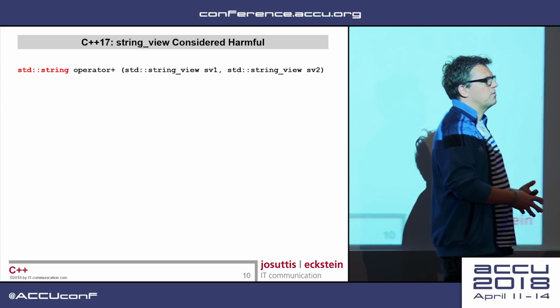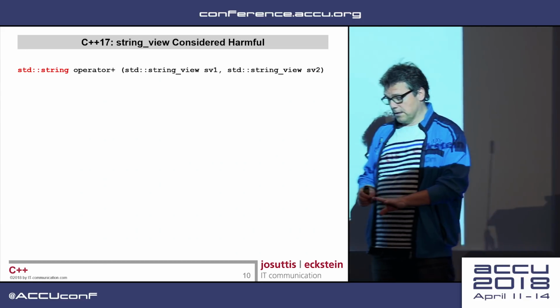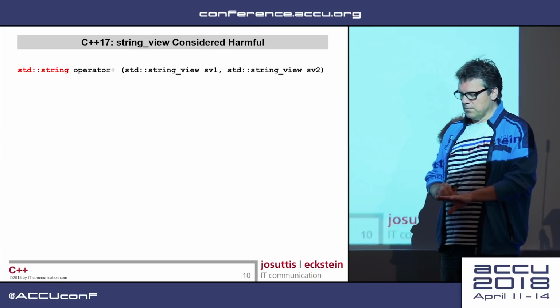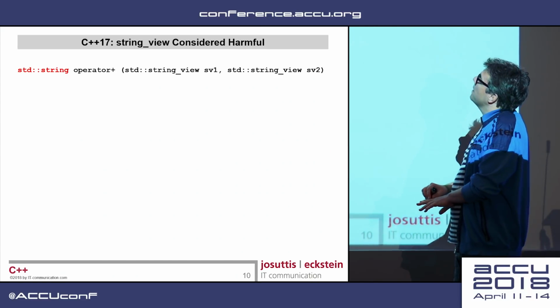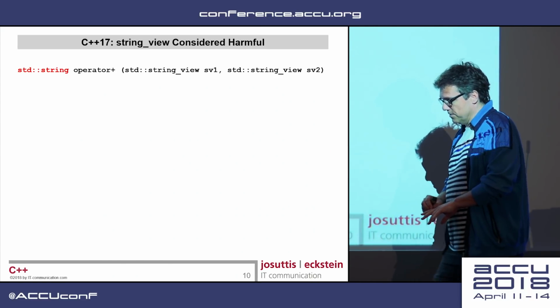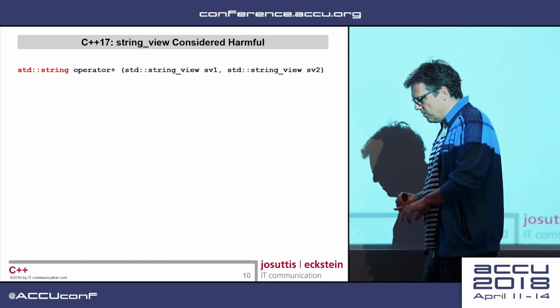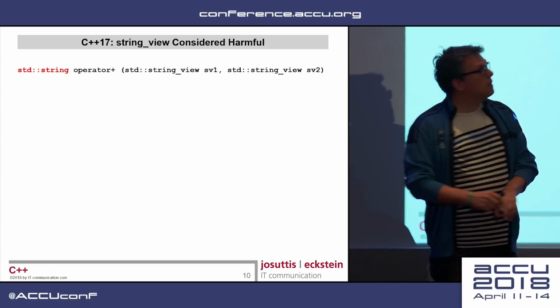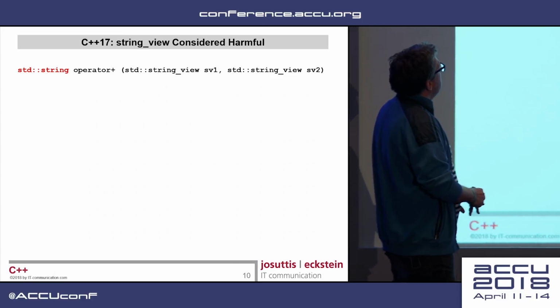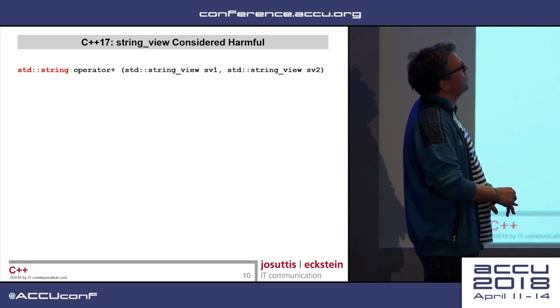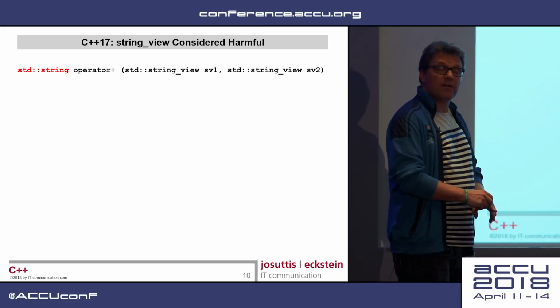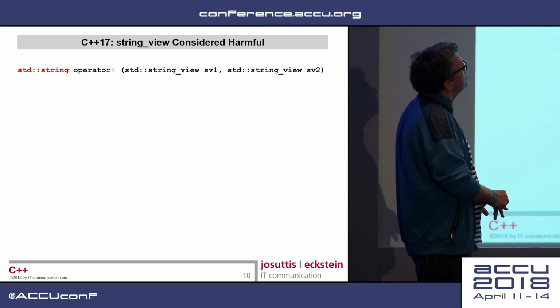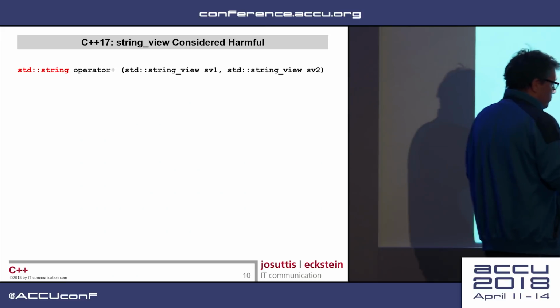Okay, we are talking about templates. There are a couple of problems with StringView in itself. There are a couple of good things, especially performance. But here's my example that makes me worry. Let's implement an operator plus taking two string views. We haven't standardized such a thing. We could.